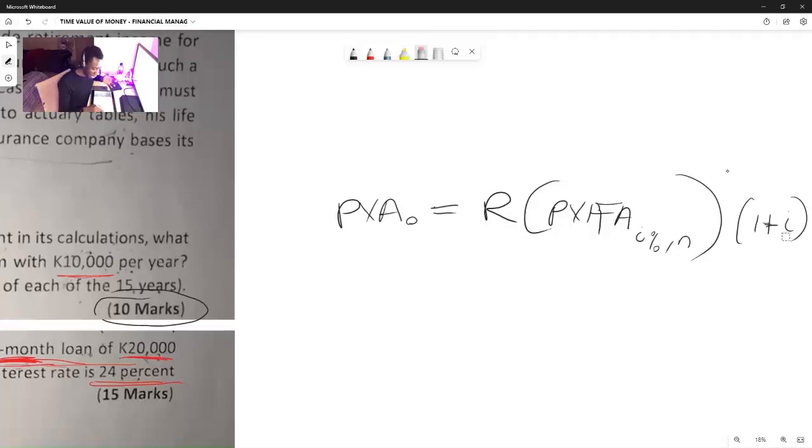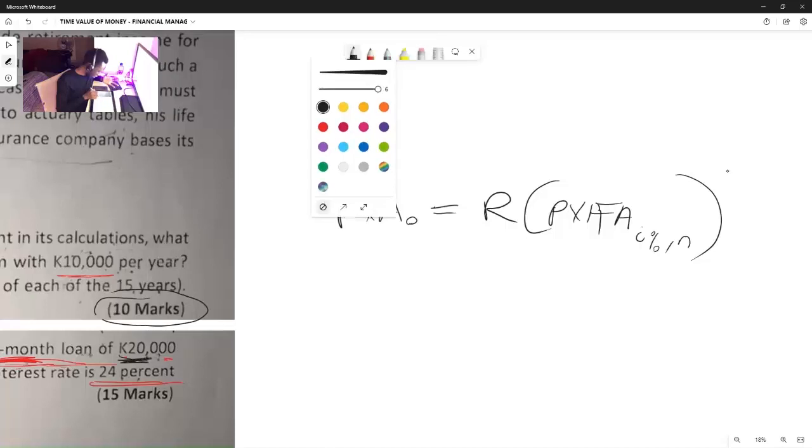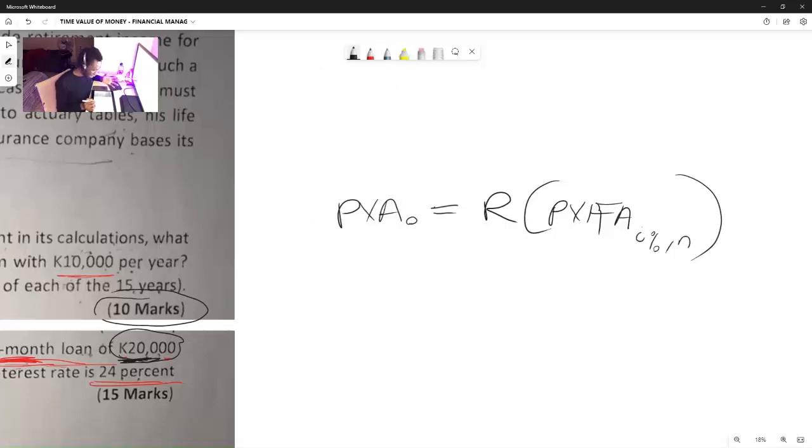We just leave it as it is. So we know our present value of the annuity in this case is 20,000. Sorry, I was erasing that, but it's this 20,000 over here. So we're going to put 20,000 here.